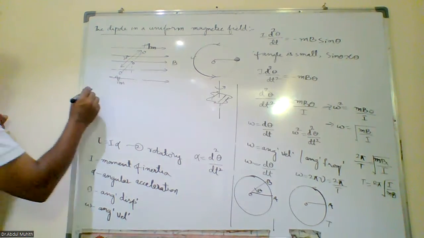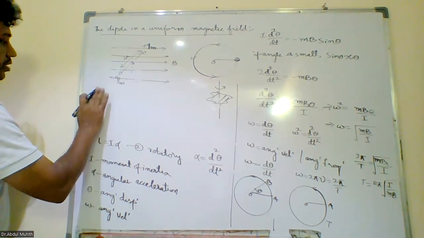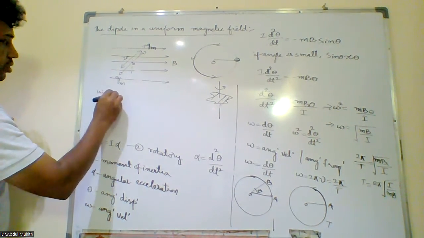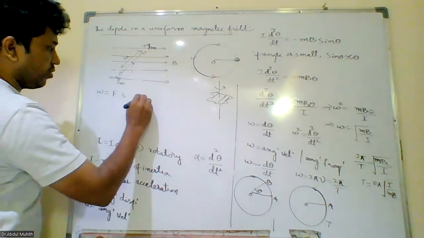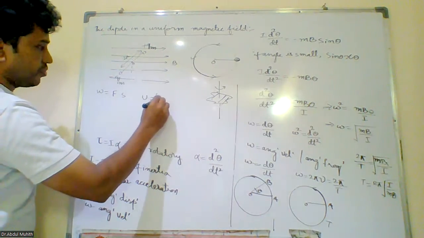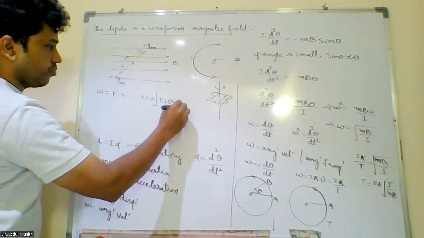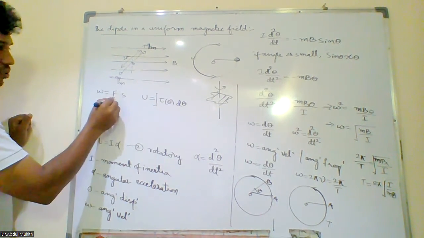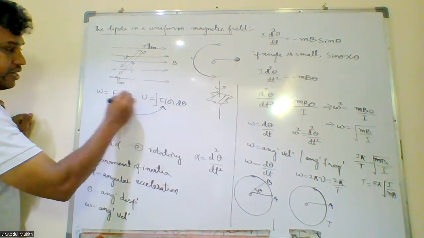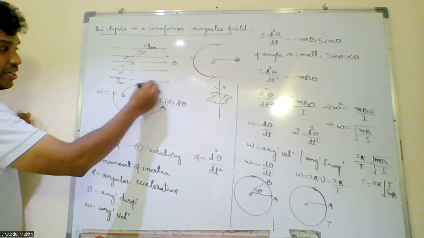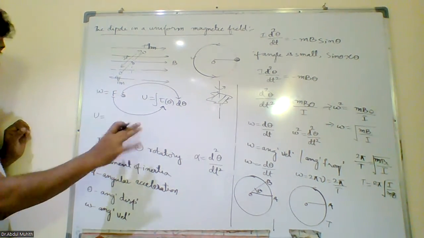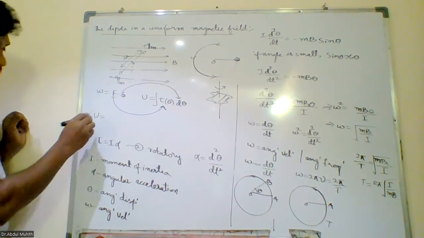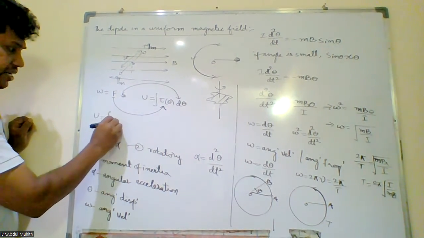Energy or work done is equal to F dot S. Remember this one? In rotatory motion we have U is equal to the integration of tau d theta. Force in rotatory motion becomes tau, and displacement in linear motion becomes angular displacement in rotatory motion. So the energy of a rotating body in the magnetic field is given by, tau is equal to M B sin theta.